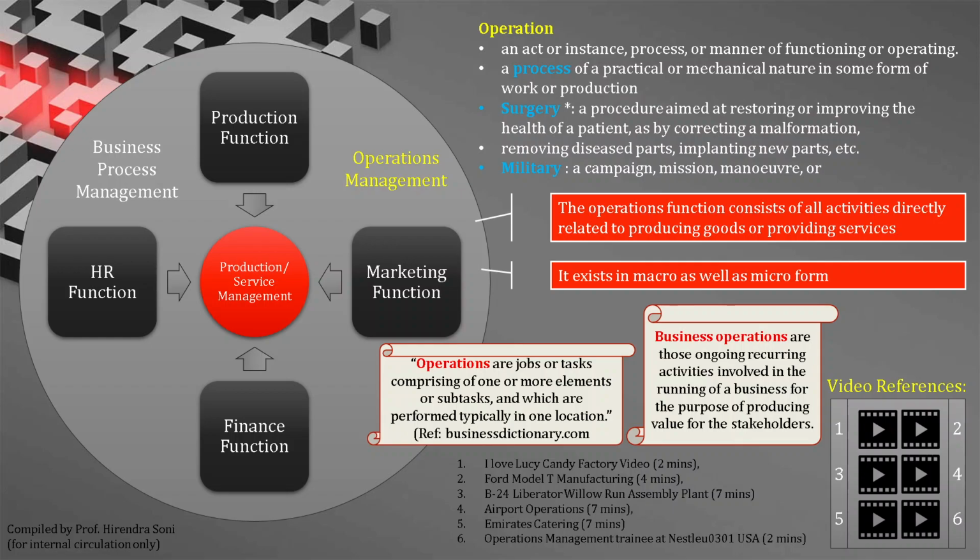Now, what operations management talks about is smooth functioning of all the different functions and ensuring the achievement of the final objective of an organization. When we look at it in this form, we are actually referring to operations management in the form of business operations, which is a bigger subset.